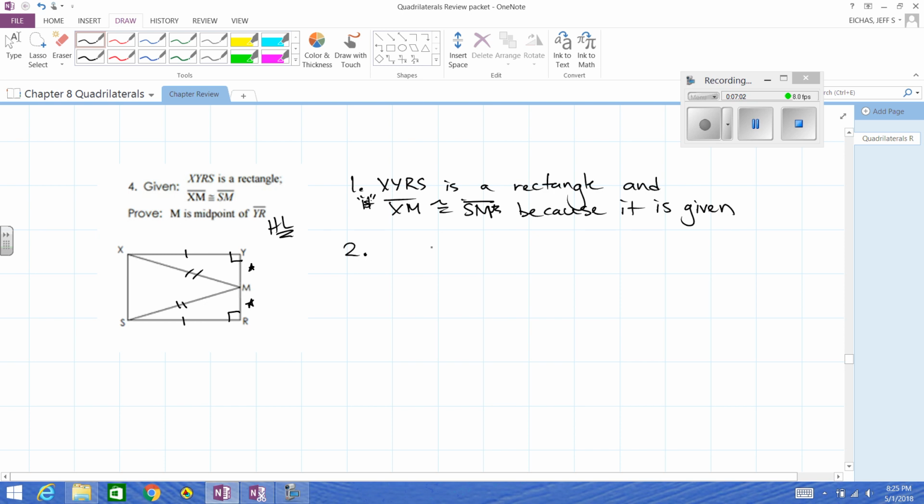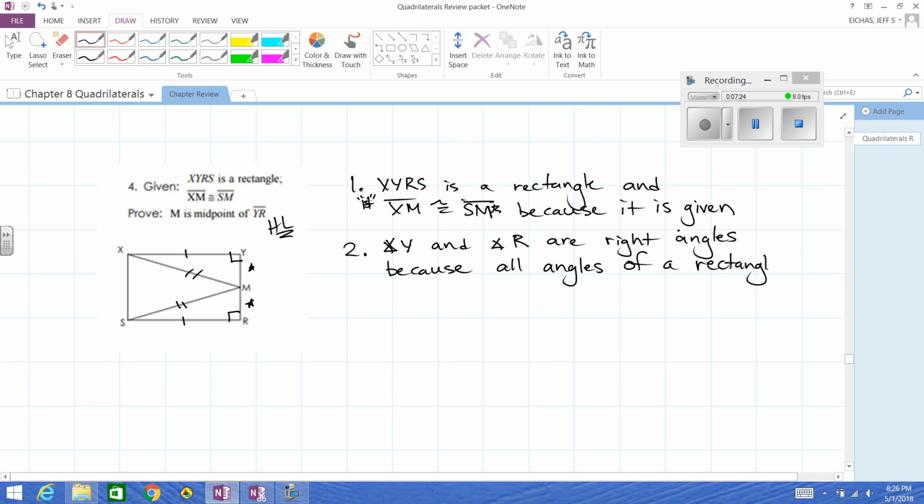All right, a little different approach now. This time I'm going to say angle Y and angle R are right angles. Because all angles in a rectangle are right angles.